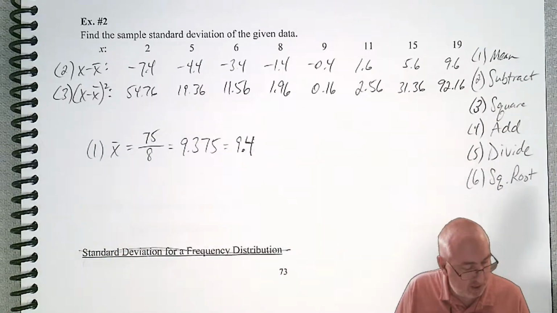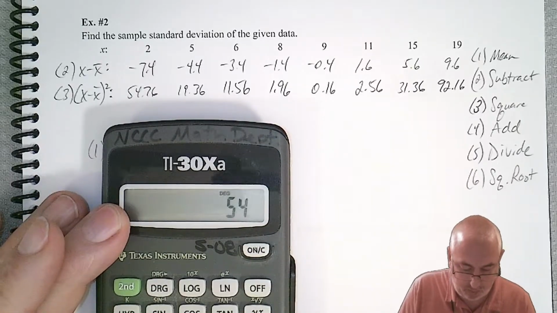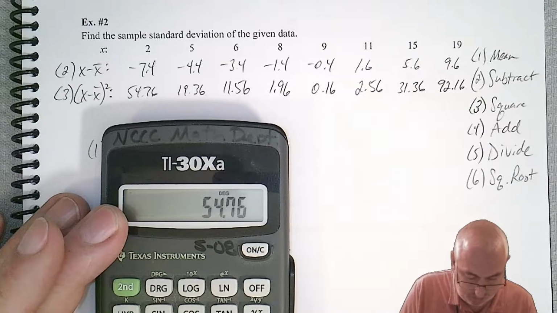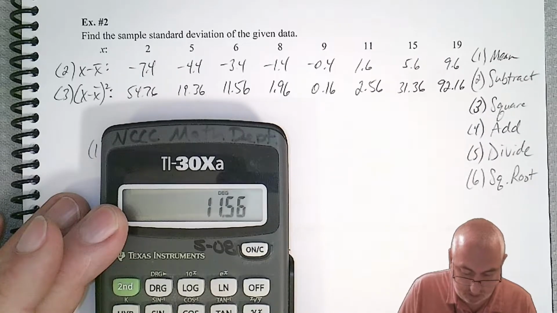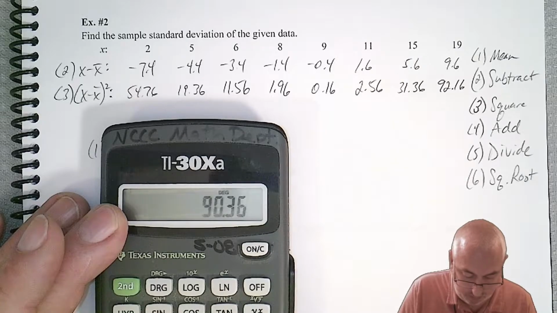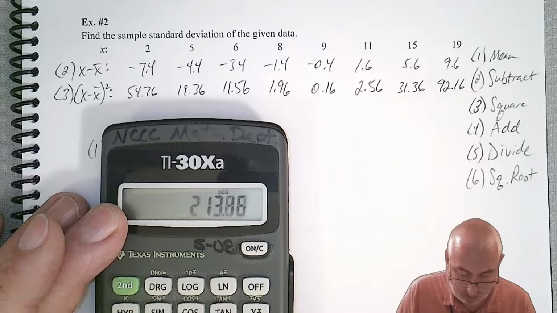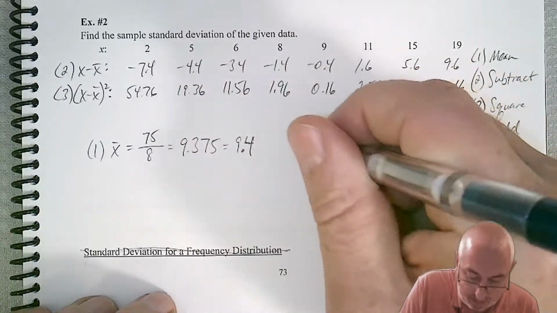So let's add up those squared numbers: 54.76 plus 19.36, 11.56, 1.96, 0.16, 2.56, 31.36, and 92.16. So 213.88. That's step 4.